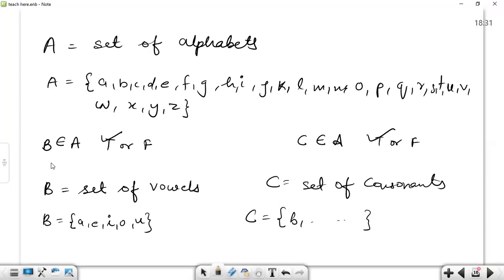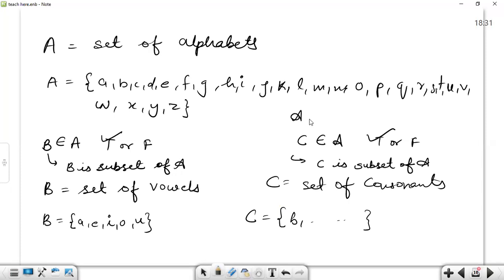So we will call B a subset of A. And here we will call C a subset of A.